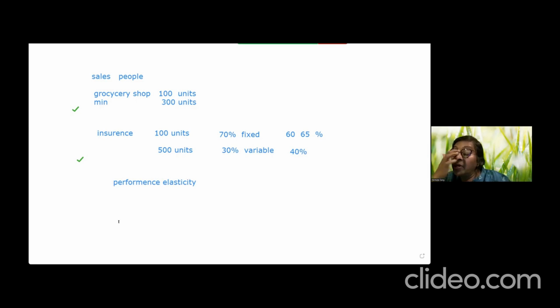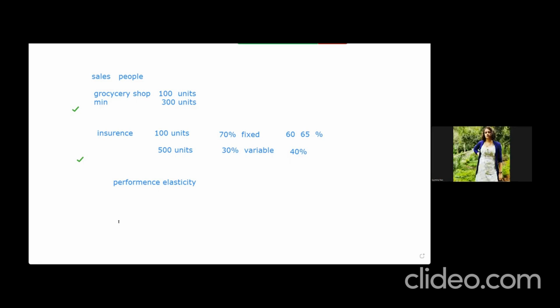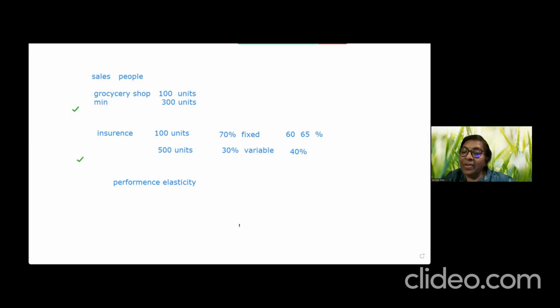Please make a note, because when you're designing incentive pays, you have to understand, does this job have performance elasticity? Hey, are you with me? Have you understood this word called performance elasticity? Yes, ma'am. Yes.